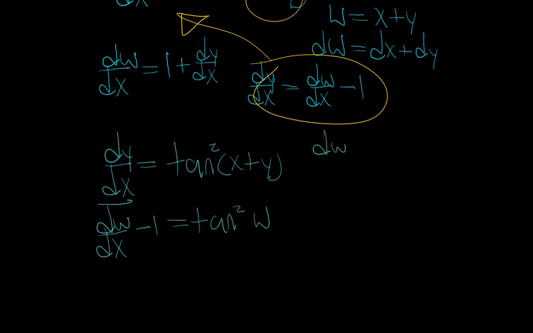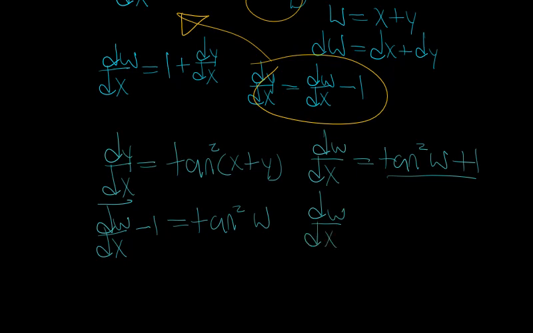So dw/dx is tan squared w plus 1. And from the trig identities, tan squared w plus 1 is secant squared w.